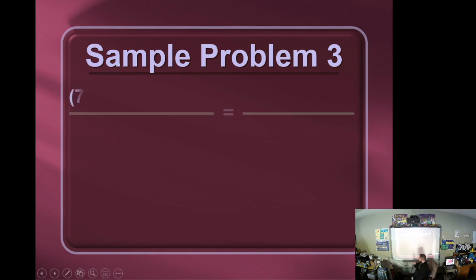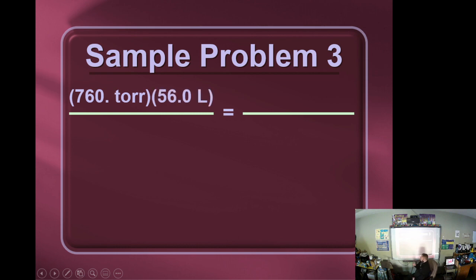But this problem, we're doing it in torr. So I did it in 760 torr. P1. V1 is what we calculated, the initial volume, 56 liters. T1 is 273 Kelvin because it's always going to be 273 Kelvin when it's standard temperature.